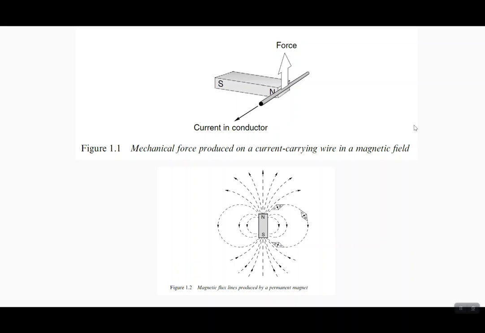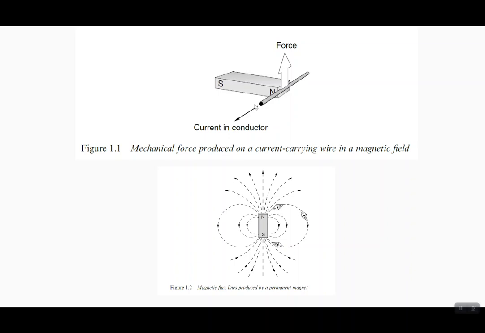Yeah, so here, I think you must have seen that in your basic physics and science courses, because that is the primary fundamental law of physics: a current carrying wire surrounded by a magnet generates a force in this direction.